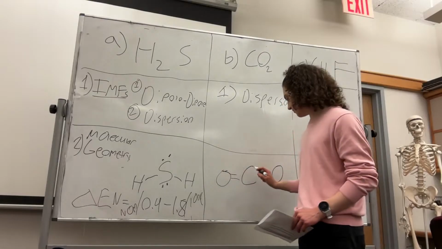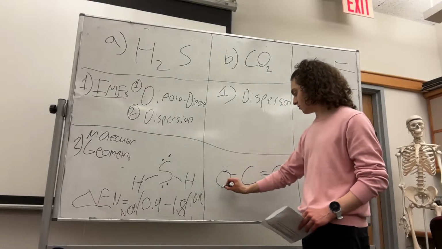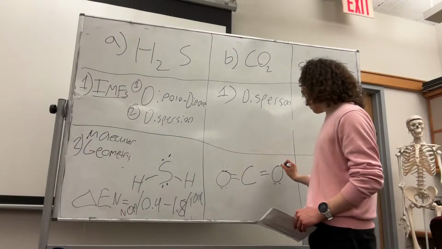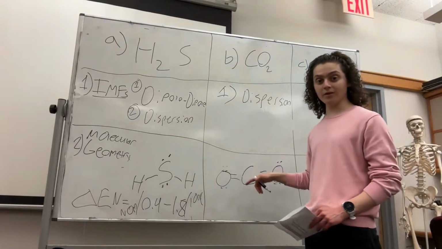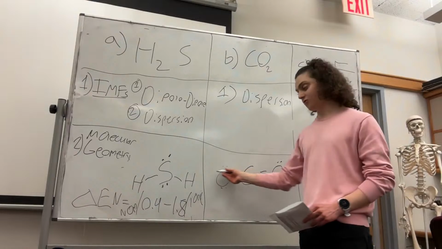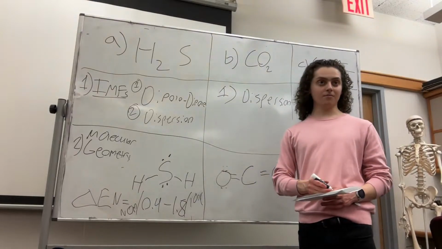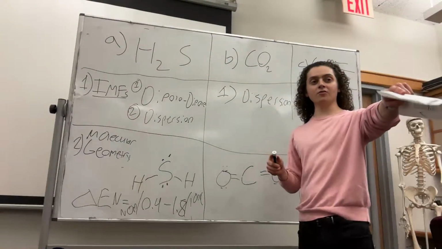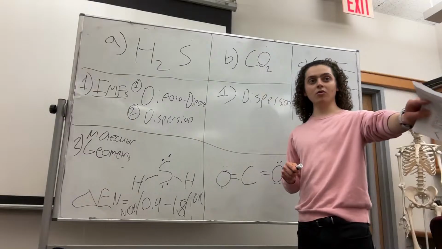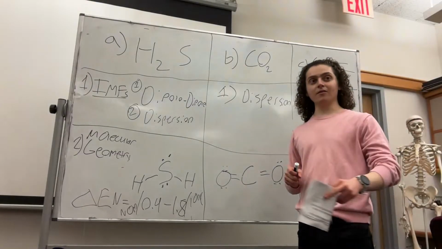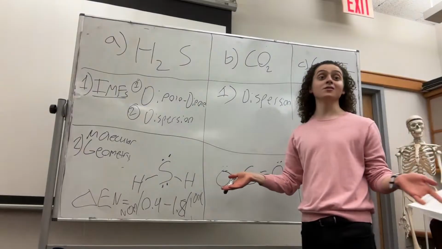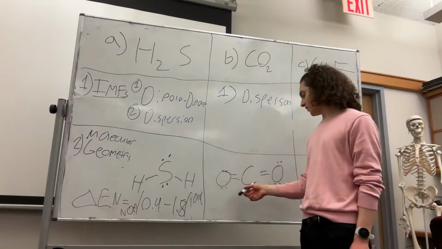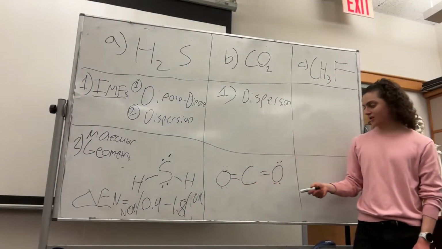So check it out. You have carbon, and then two oxygens. And there's no lone pairs on this carbon. Turns out that's actually a straight line, and it's linear. So on that chart, if you check out the thing with two bonds, no lone pairs, it's going to be linear. So it would be like that central atom in the middle, two atoms on either side. Linear, simplest molecular geometry.